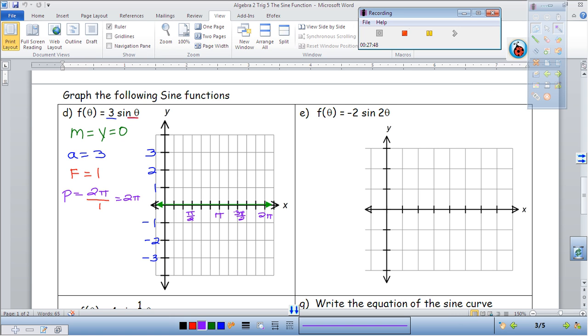So the first thing we're going to start is at 0. So we're going to plug in 0 for theta. So we're going to do 3 times the sine of 0. You're going to go back to your unit circle.